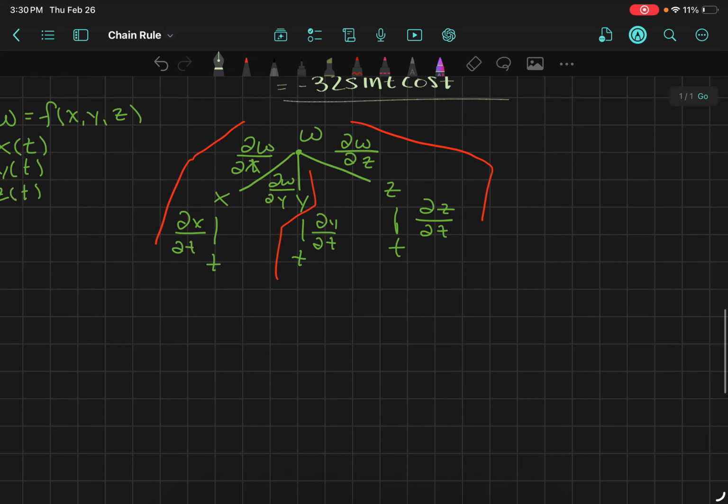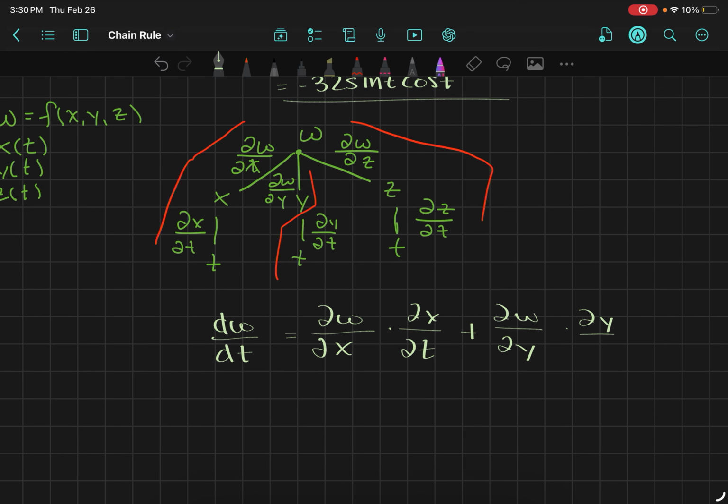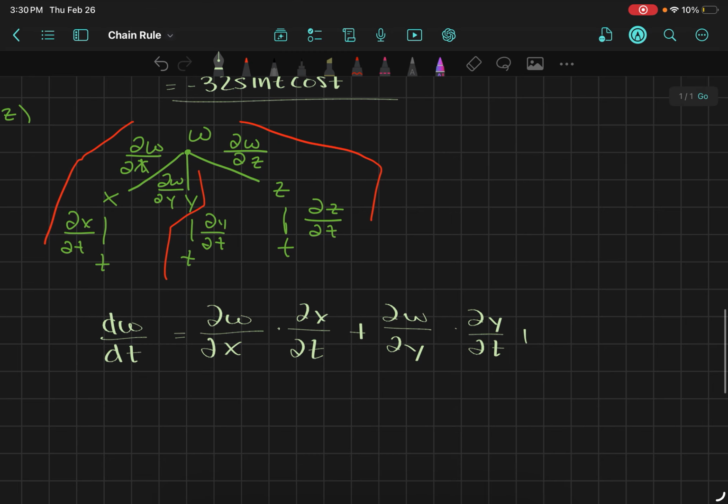So if we wanted, say, dw over dt, that would just equal our partial of w with respect to x times our partial of x with respect to time plus our partial of w with respect to y times our partial of y with respect to time plus our partial of w with respect to z times our partial of z with respect to time.